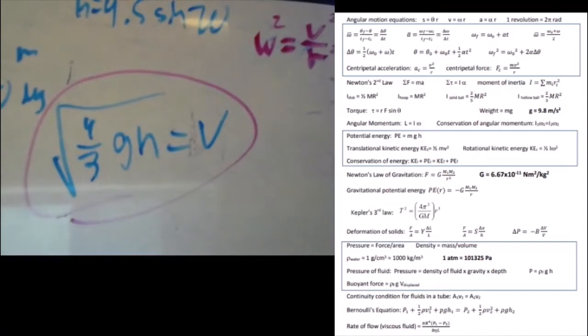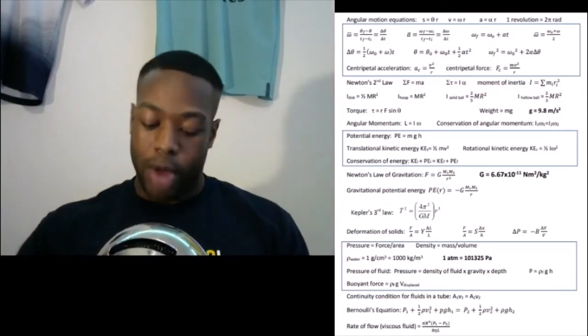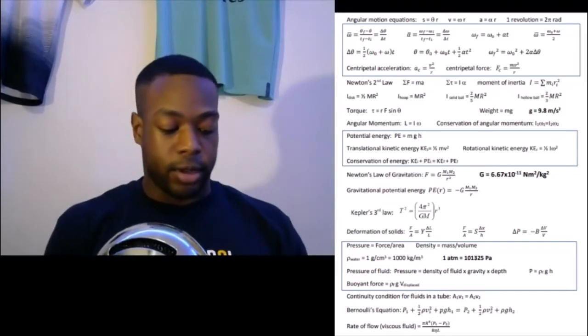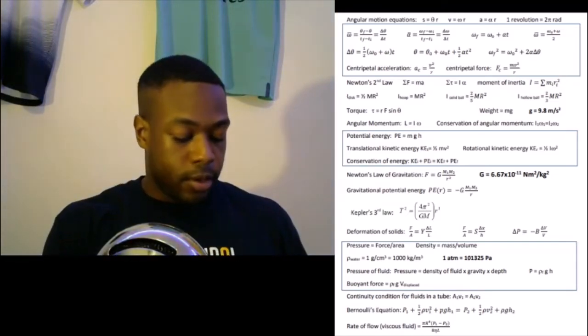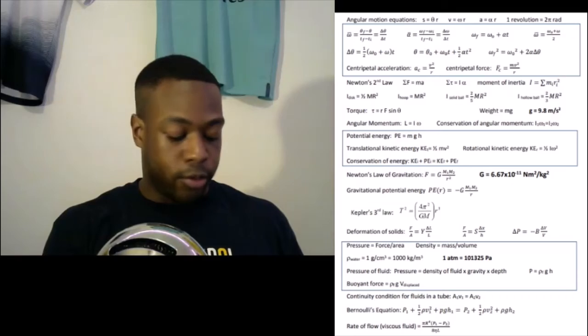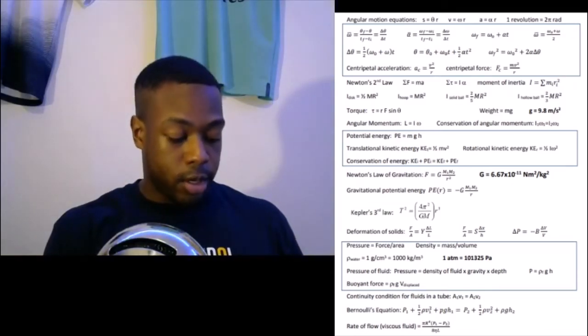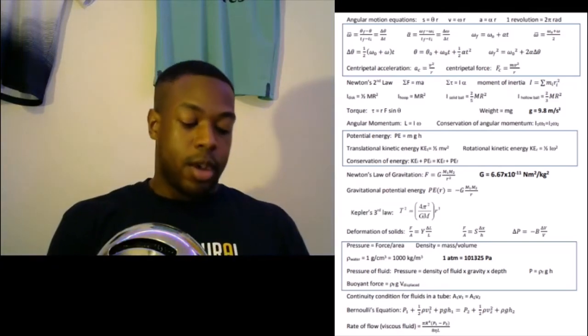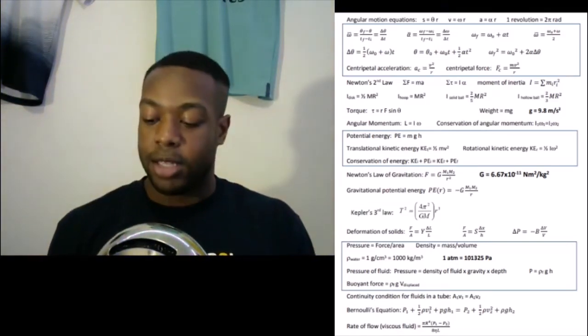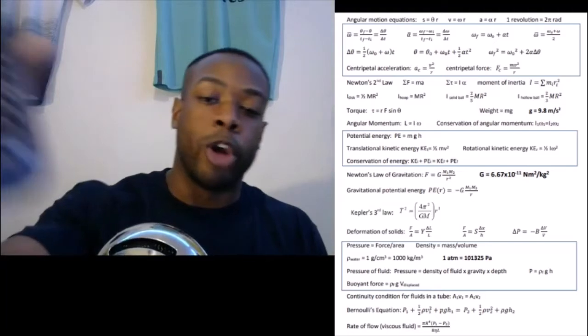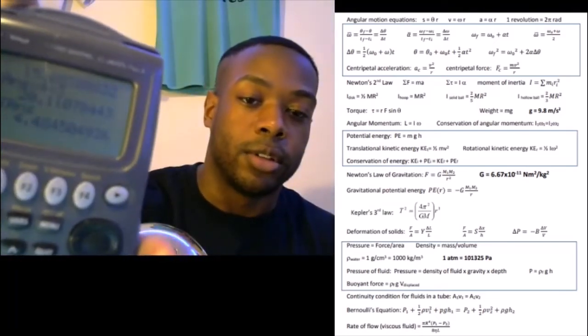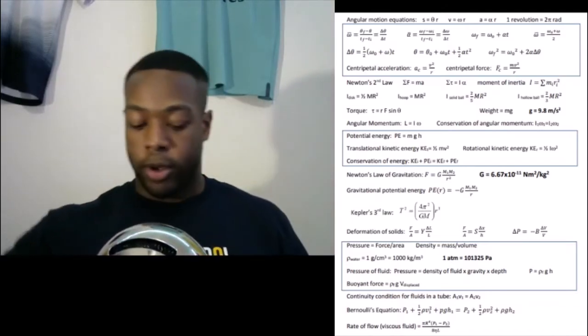We really don't have to do much more past this. We could just plug in our gravity value and our height value. Gravity is 9.8, height is 4.5 sine 20, times 4/3. And for my velocity, we're getting 4.48 meters per second. So our translational velocity is 4.48 meters per second.